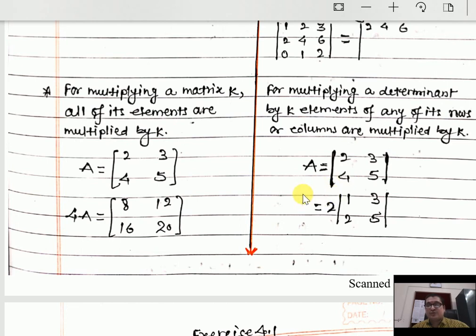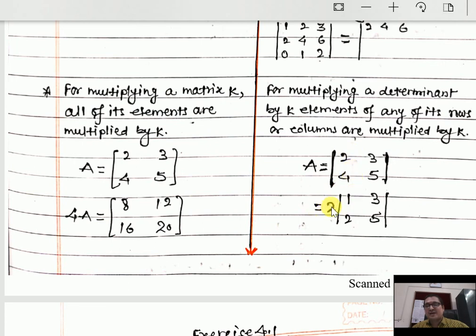So you need to mention it somewhere, like 2R1, means you are multiplying 2 with R1, or 2C1, we are multiplying 2 with C1. So here you can take common from C1. See, 2 and 4 both are divisible by 2, so I have taken 2 common.